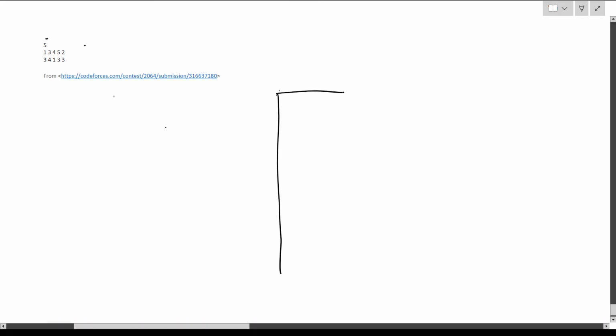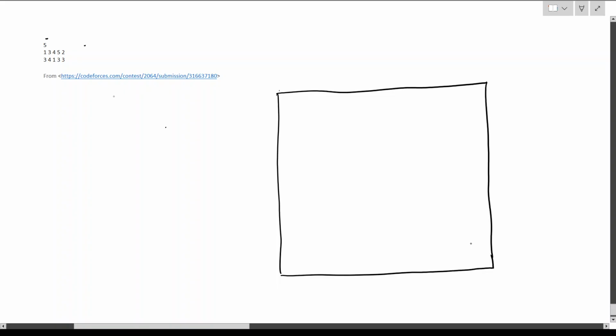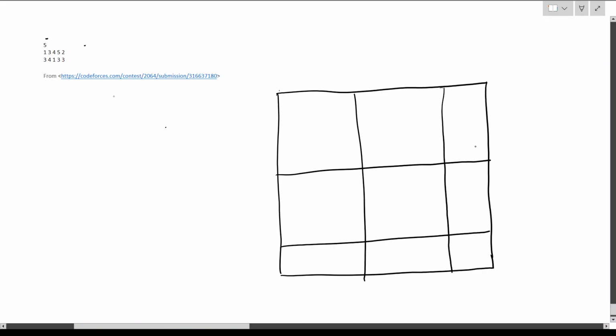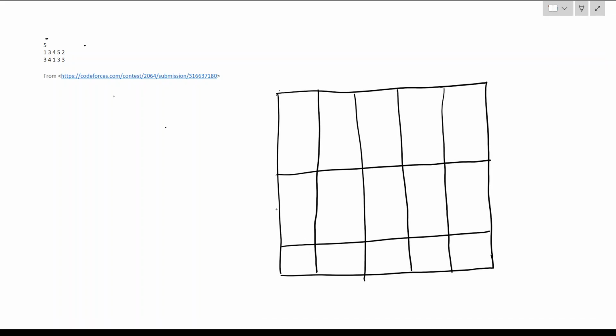So again, we need a 5 by 5 table. And this is the first thing.